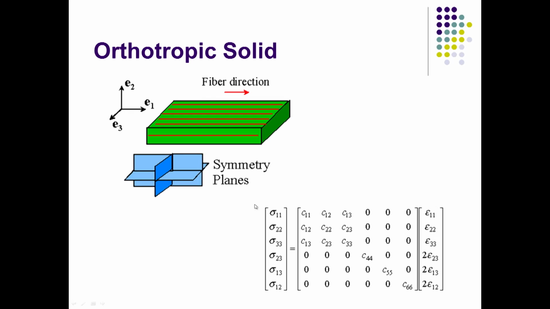But if you look at orthotropic, there may be, as you are seeing here in the picture, a fiber direction, let us say in the y direction or x direction. So, it will have different properties in the fiber direction as compared to the cross section or the perpendicular direction to that. And so, that is where the orthotropic solid comes into being.